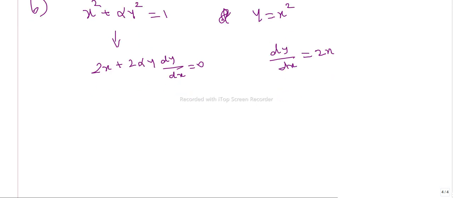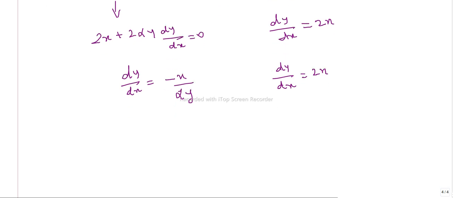Now from this, dy by dx, if we cancel 2, is minus x by alpha y, and here dy by dx is 2x. Now the product of these two should be minus 1, that is orthogonal trajectories.